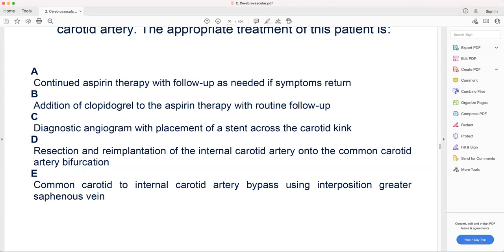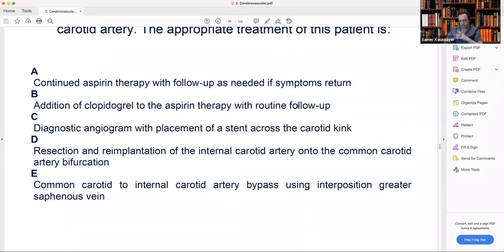You need intervention. Diagnostic angiogram, placement of stent across the carotid kink. We said before we don't prefer a stent as treatment because we're going to push the kink up. It's not going to treat it, as I said. I don't know if you saw it.